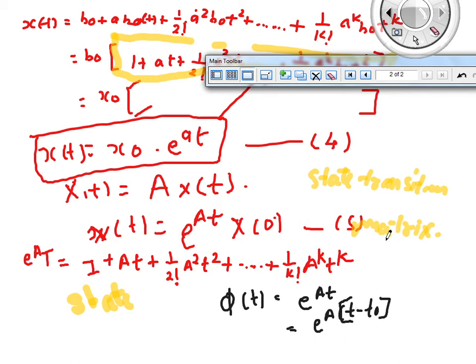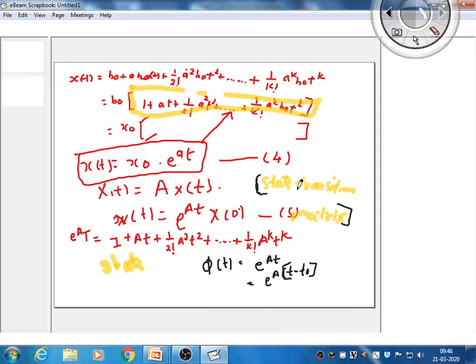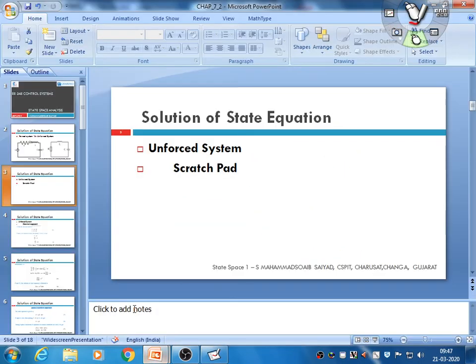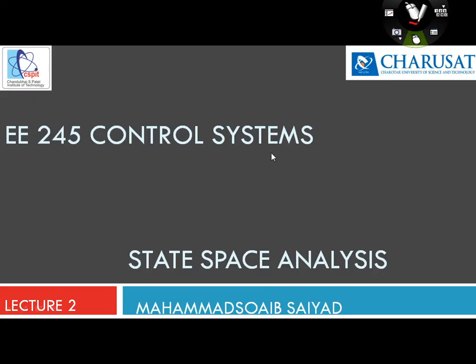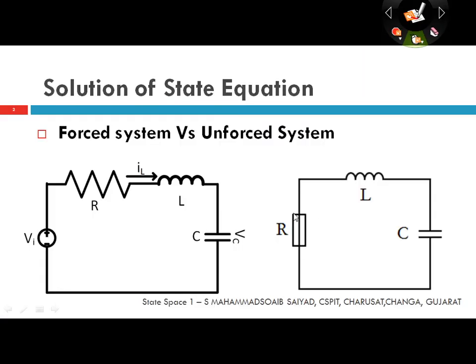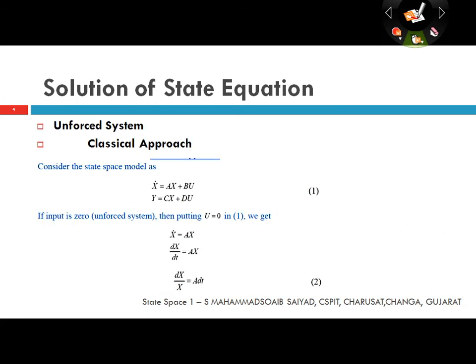In this lecture we have introduced a new term called the state transition matrix, for an unforced system. Unforced means you have a system in which you don't have any kind of excitation. So this is the concept.